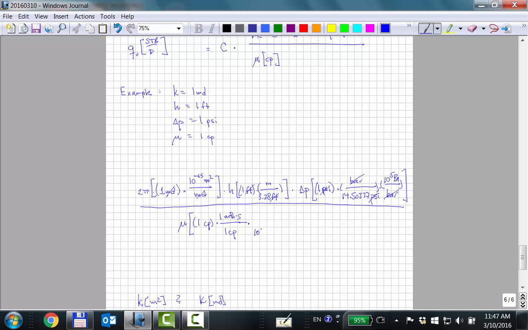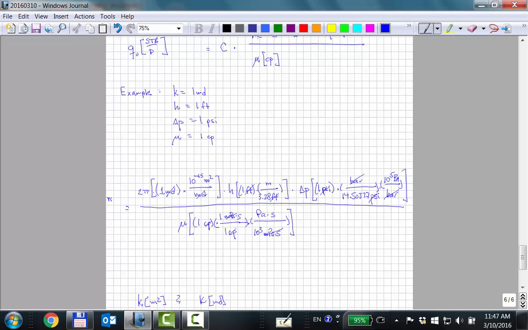And there's 1,000 millipascal seconds per Pascal second, right? I just know these things. I mean, if you look them up in the table, you'll find out that's correct. So that'll cancel that. That'll cancel that. And we'll end up with the number we need in our equation is that.